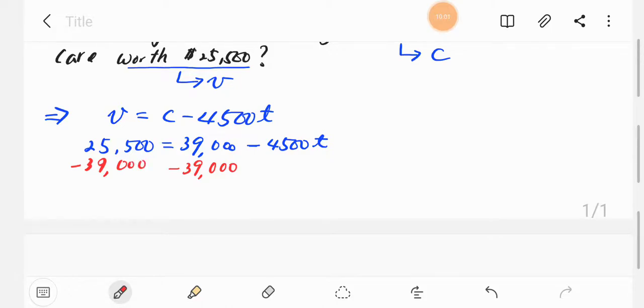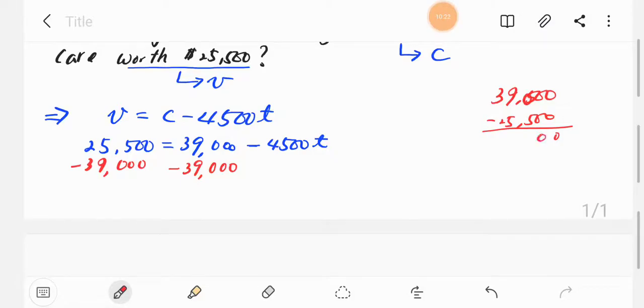On the left hand side, use scratch paper so that you can subtract 39,000 minus 25,500. Then, sorry, this is 29,000.